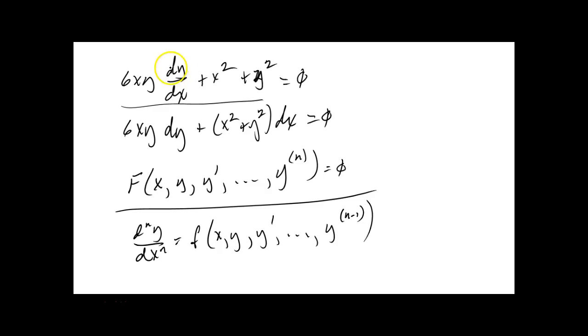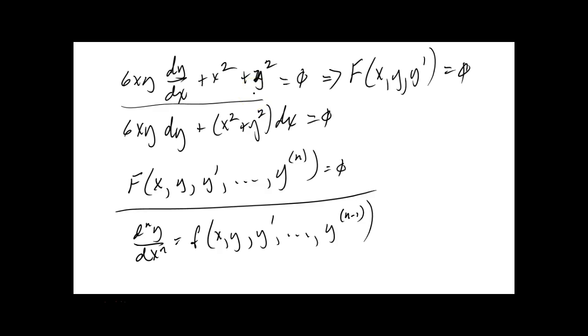Okay, let's take this one for instance. This one here, which we said could be written in the capital F form of x, y, and y prime equals 0. They're basically in that form already. So your capital F is this function right here.